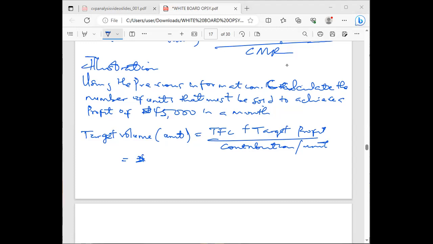Okay, 10,500. Target profit 45,000. Contribution per unit. What's the contribution per unit that we got? 30 naira. Please add everything.